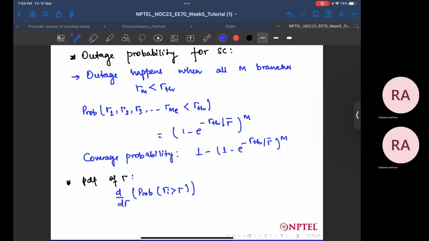I'll just show you. So when calculated, this will come as M times 1 minus e to the power minus gamma threshold by gamma bar, to the power of M minus 1, into 1 upon gamma bar. You are differentiating this term, so e to the power minus gamma upon gamma bar, right?